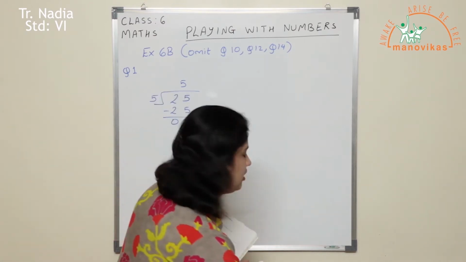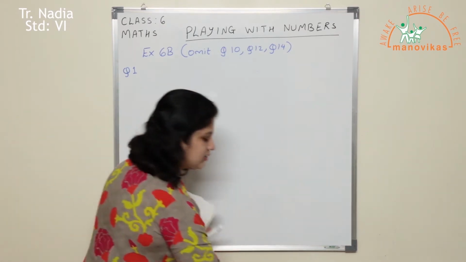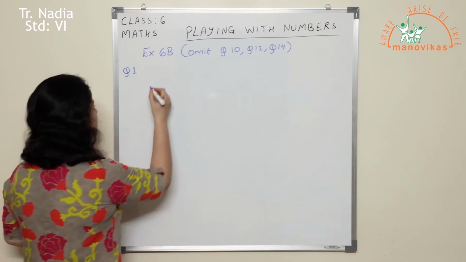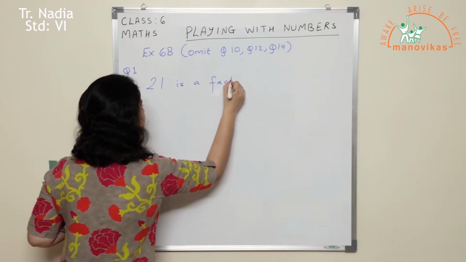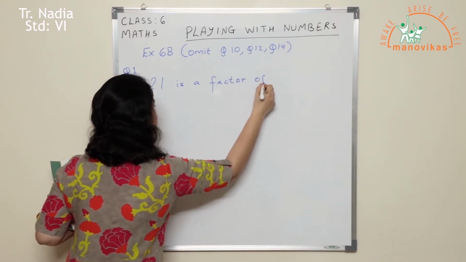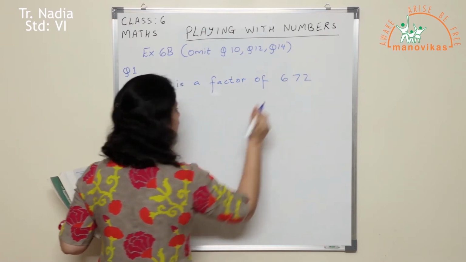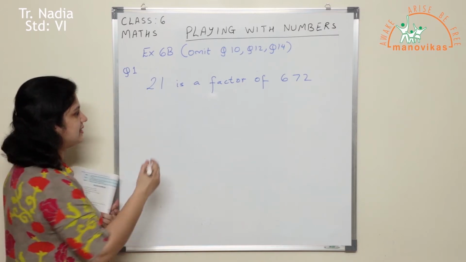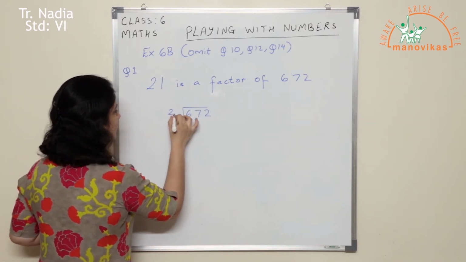Now in this question, we have to prove the same thing. Let me start this with an example. You have to prove that 21 is a factor of 672. Now, how will you prove this? To prove this, you will have to divide 672 by 21.